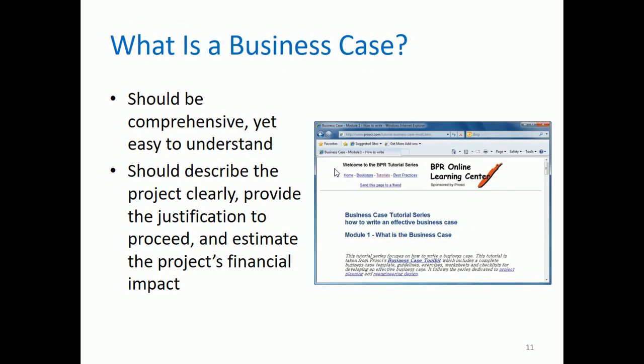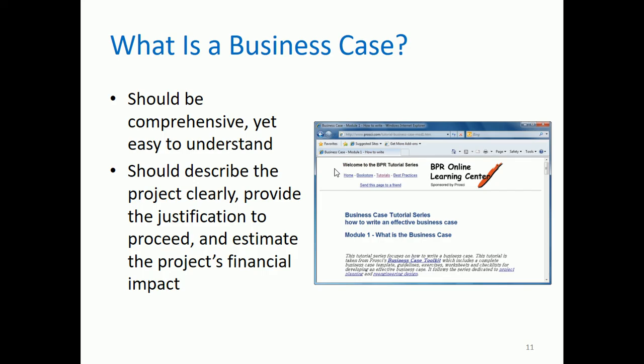So let's return to the business case. So what is a business case? A business case should be comprehensive yet easy to understand. It describes the problem in whole detail, but it should not use highly technical words, technical jargon, or highfalutin words.